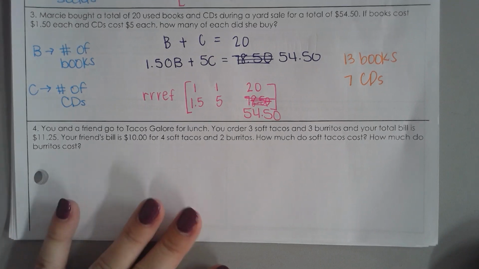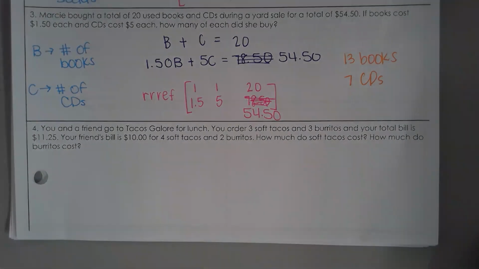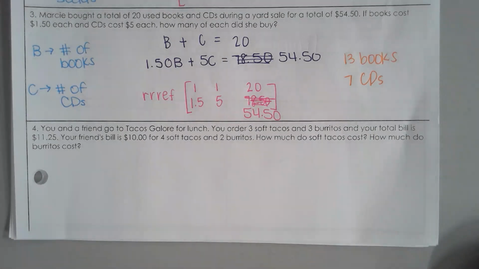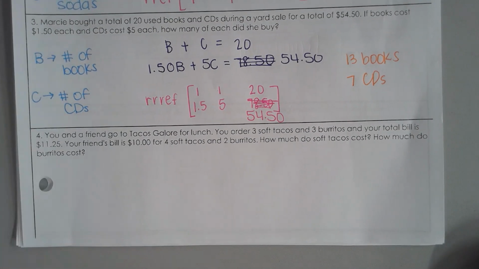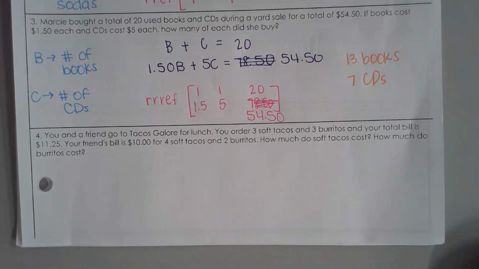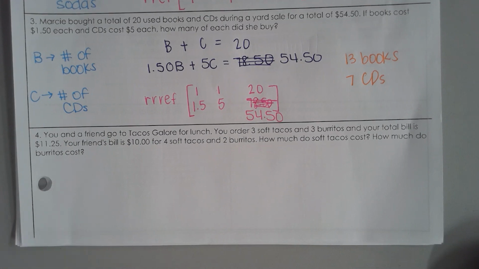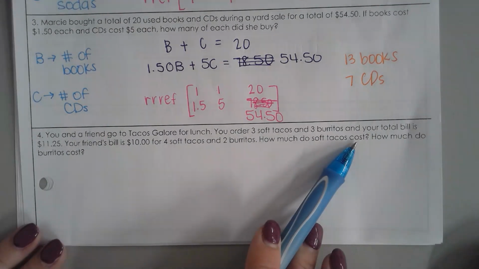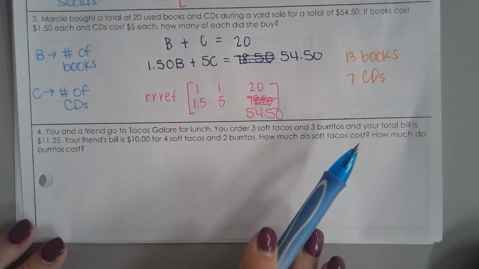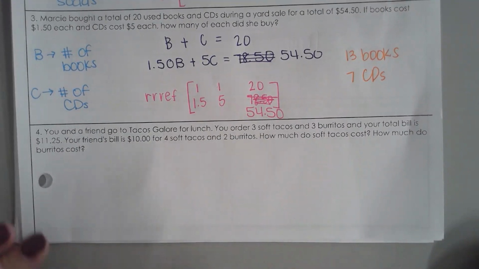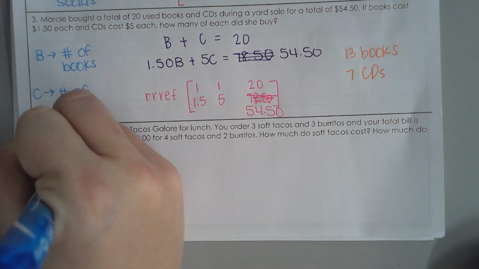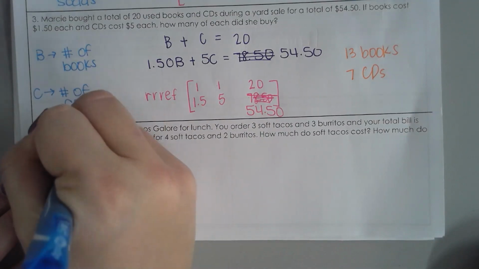So what do you think your 2 variables would be? B and S. What do you mean, like the numbers? No. What variables would I be using? S, B. S for what? Soft tacos. How much they cost? What's it asking for? Your cost. So I know some of you said S, but I probably would use T just because S really looks like a 5.